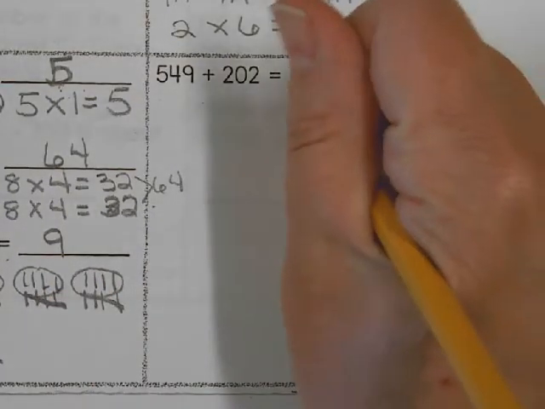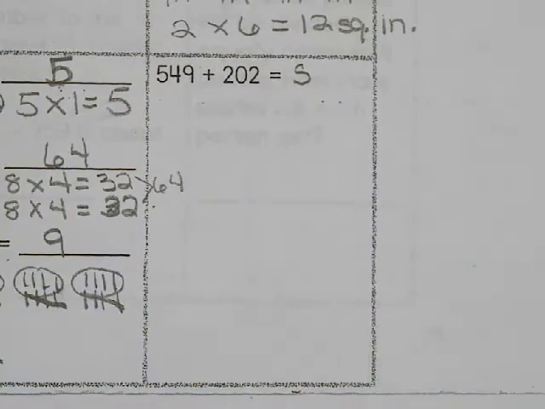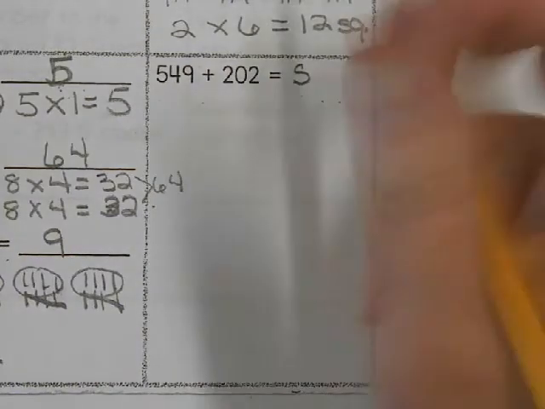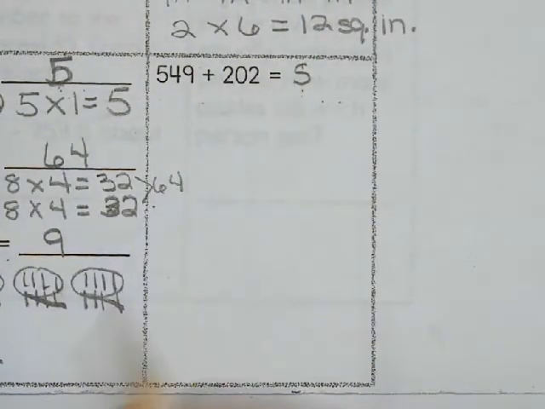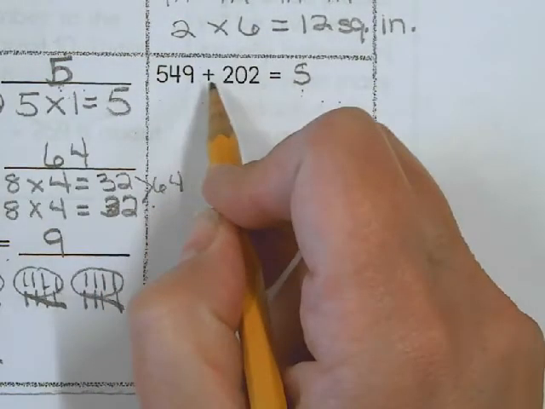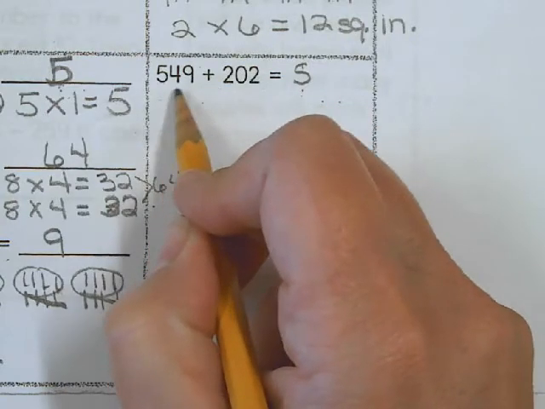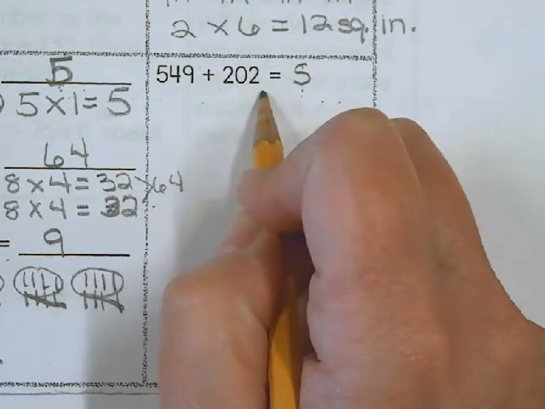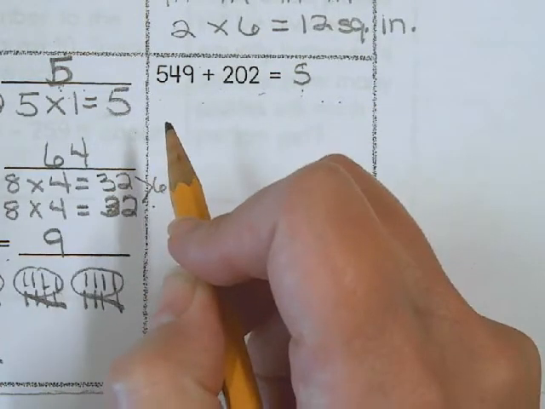I'm going to put an S here for sum, just so we get used to knowing that our number can be represented with a letter, a variable, we call it. So S can be for sum. We could use the break apart strategy and add 500 plus 200, which would be 700. 49 plus 2 would be 51, so we'd have 751.